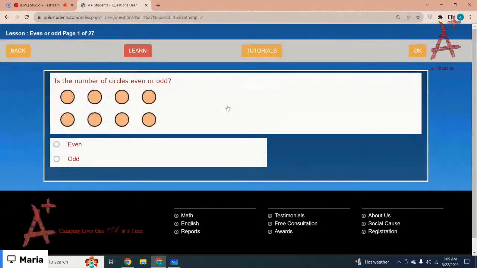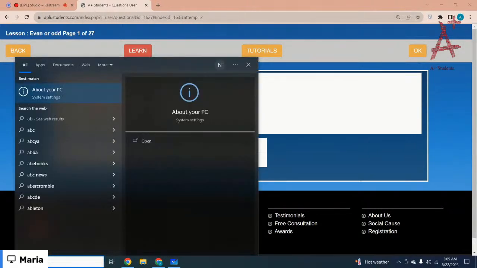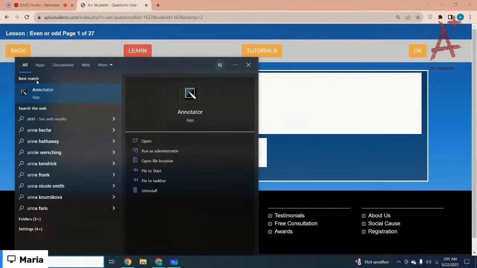Is the number of circles even or odd? Okay, let's just match them in the form of pair, right? Let's just make a pair of the circles.